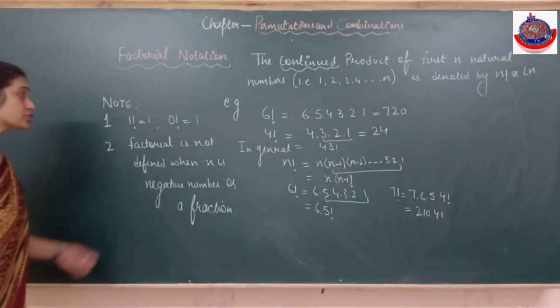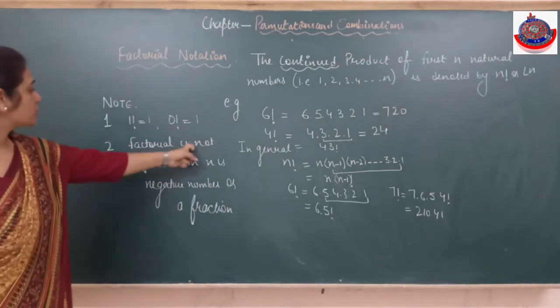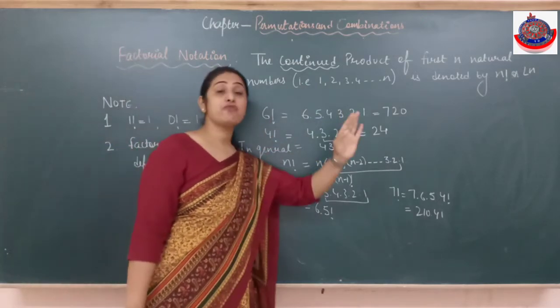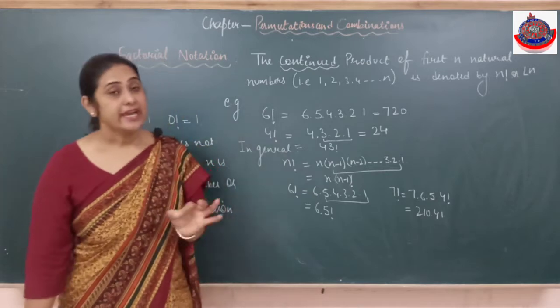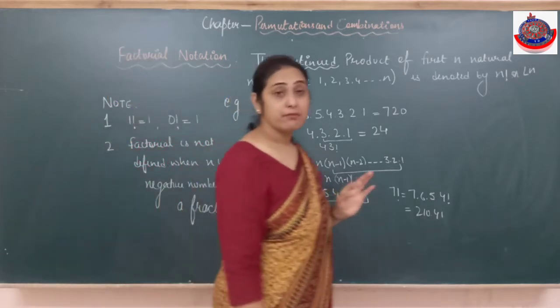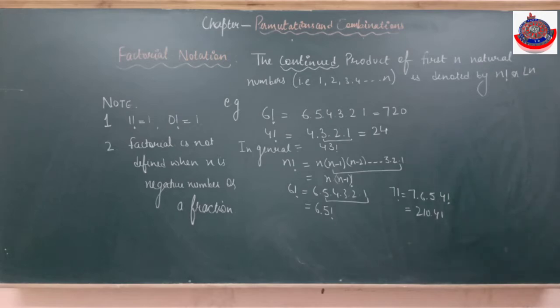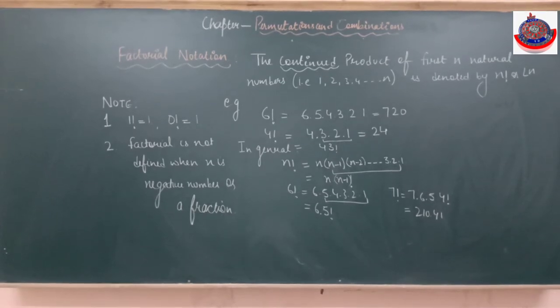Is it clear? So 1 factorial is 1, 0 factorial is 1, and factorial is not defined for negative numbers or fractions. That means it is defined for natural numbers only. Clear? So n factorial means n into n minus 1, n minus 2, n minus 3 up to 1. Alright, and 1 factorial is 1, 0 factorial is 1. And factorial is not defined when n is a negative number or fraction. It has to be a natural number.